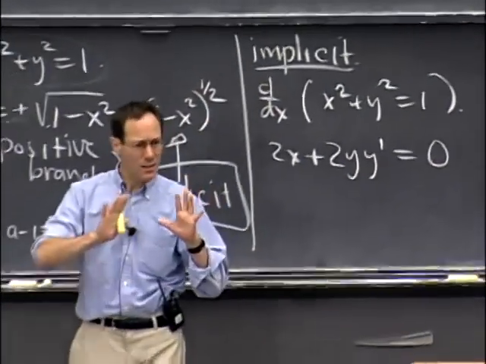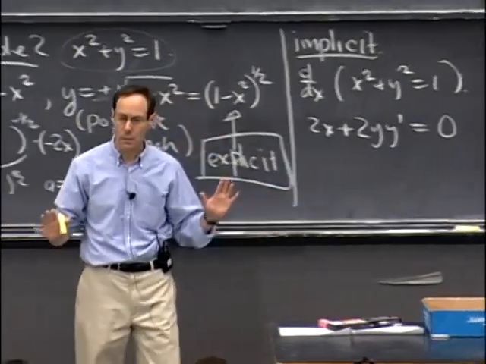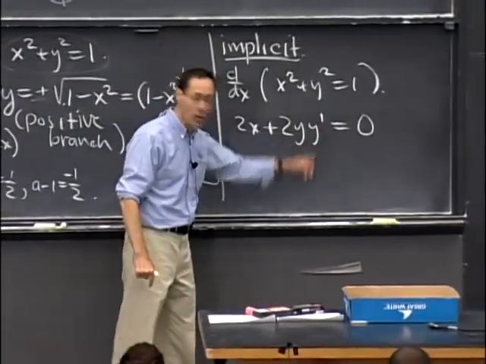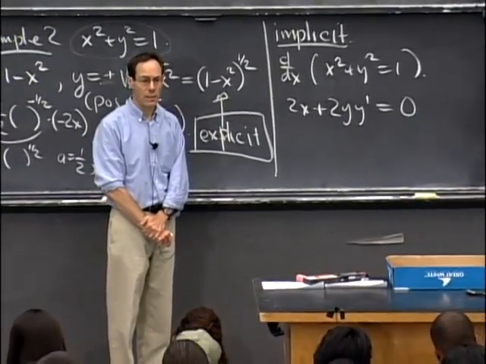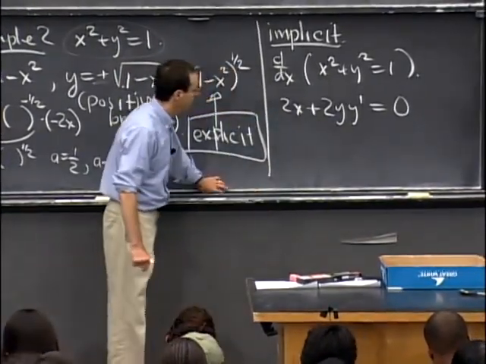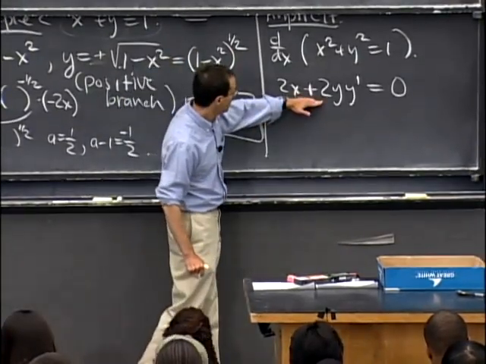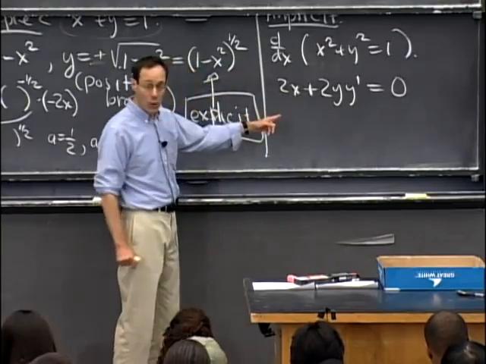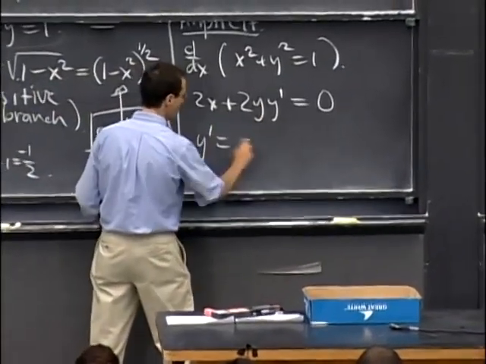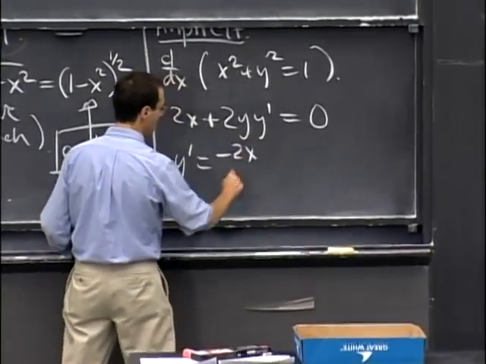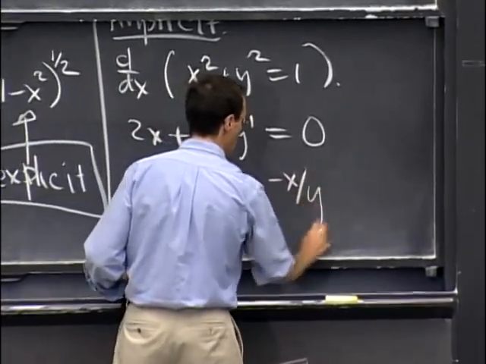I did it a different way. I'm trying to get you used to many different notations at once here. Well, really just two, just the prime notation and the dy dx notation. And this is what I get. All right? So now, all I have to do is solve for y prime. So that y prime, if I put the 2x on the other side, is minus 2x and then divide by 2y, which is minus x over y.